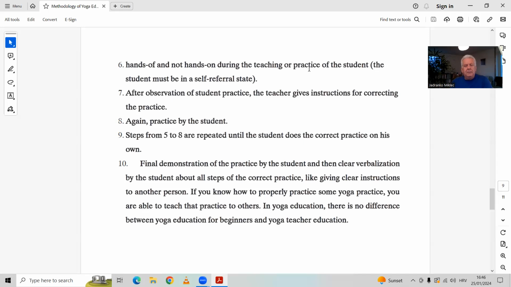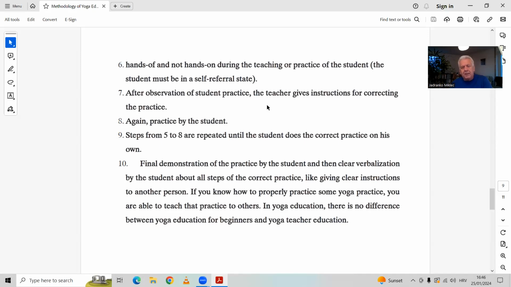And so during the practice of the student, because the student must be in his self-referral state, he must be referred to himself, not to anybody outside of himself, to some outer entity or whoever. And then after observing the student's practice, without touching, the teacher notices where there may be some mistake the student is making.